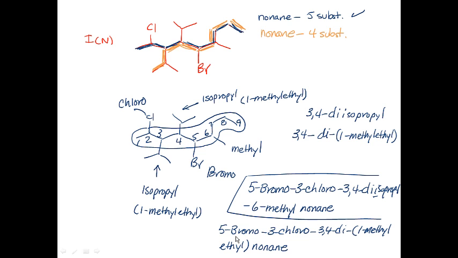So again, alphabetizing on the B, the C, and the M. Okay, so there's two possible chains for this molecule, but only one gives more substituents. So we use, in this case, the blue chain that I did above. And so the final name is either 5-bromo, 3-chloro, 3,4-diisopropyl, 6-methyl nonane, or 5-bromo, 3-chloro, 3,4-di 1-methylethyl nonane.